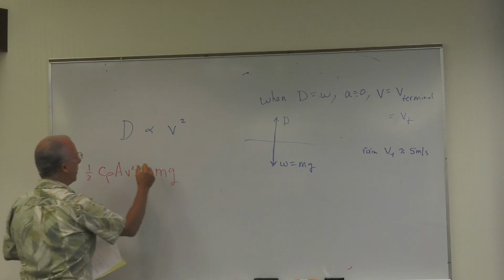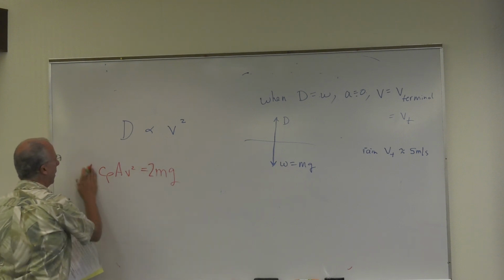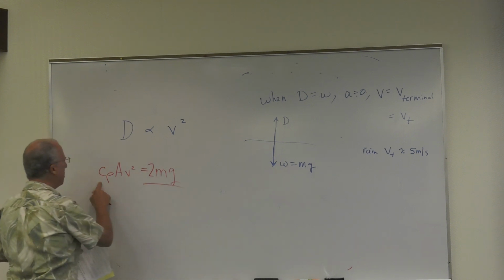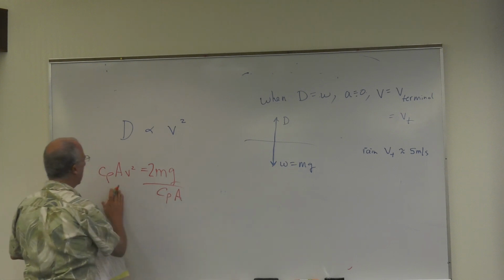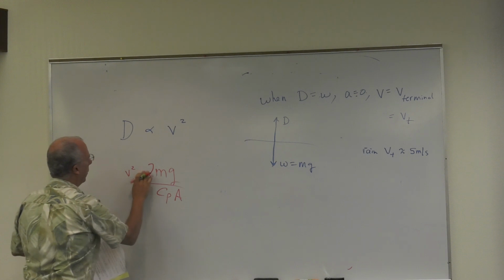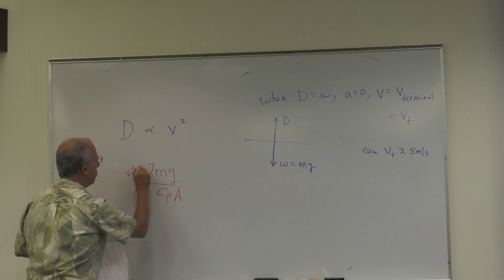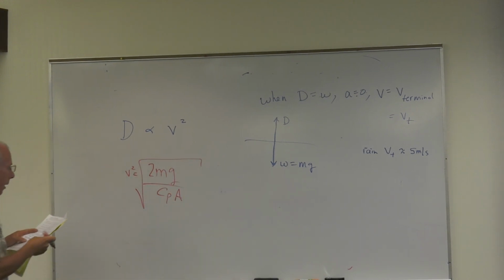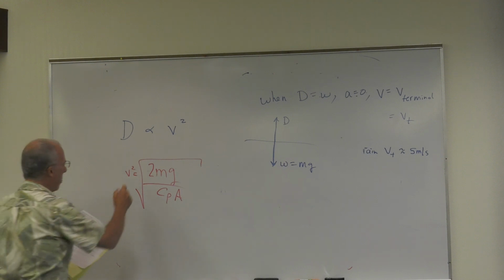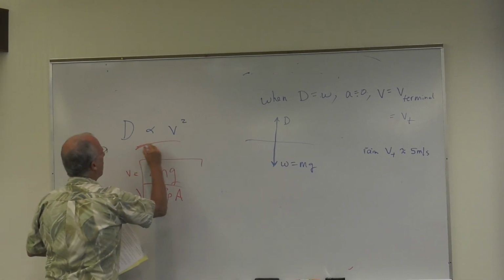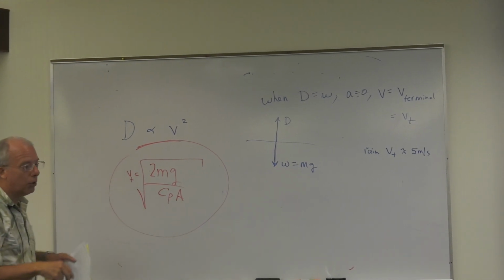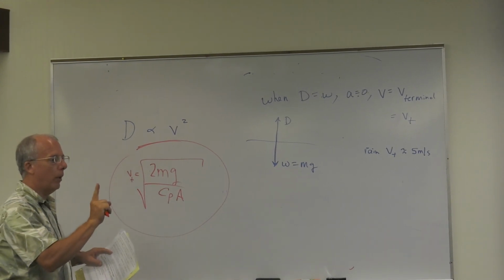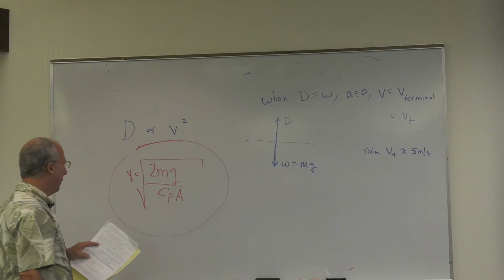So we multiply both sides by 2 and divide by C rho A, and take a square root. All right, that's an equation for the terminal speed, or the terminal velocity, when the drag equals the weight.